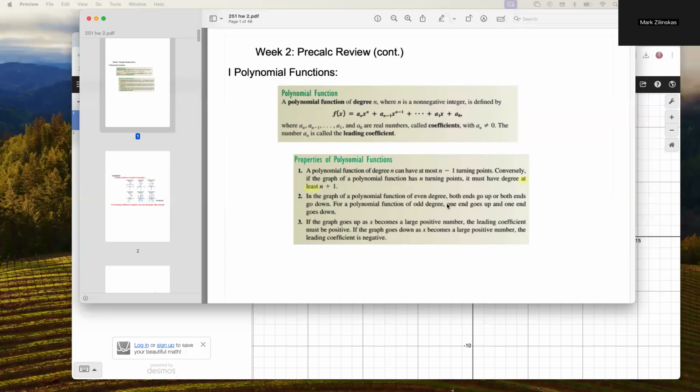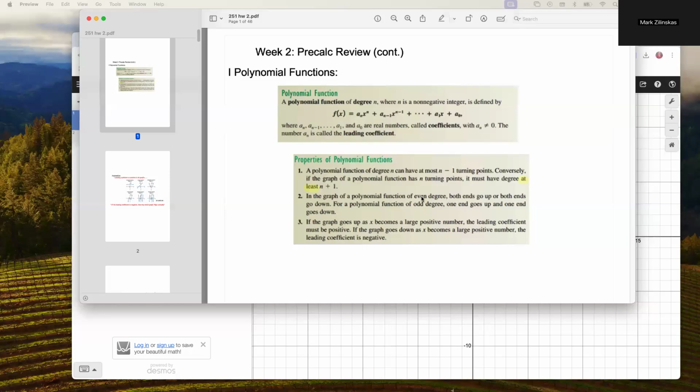Here's just the converse, or they're stating the converse of it. If you know you have 3 turning points, then you know it has to have a degree of at least one more than that. You just add one, and that's just the converse of what we're saying here. The basic shape here: if it's an even degree, both ends go up or both ends go down, and if it's an odd degree, one goes up and one goes down.